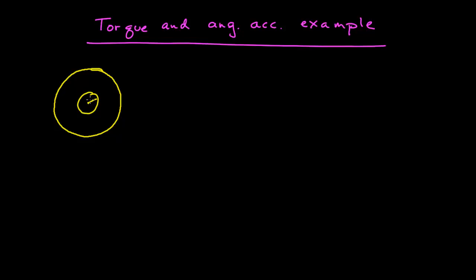One has a radius of R1. The other one has a radius of R2. R1 is, we'll say, 1.2 meters, and R2 is 0.4 meters. Now, there are masses hanging off each of these pulleys.